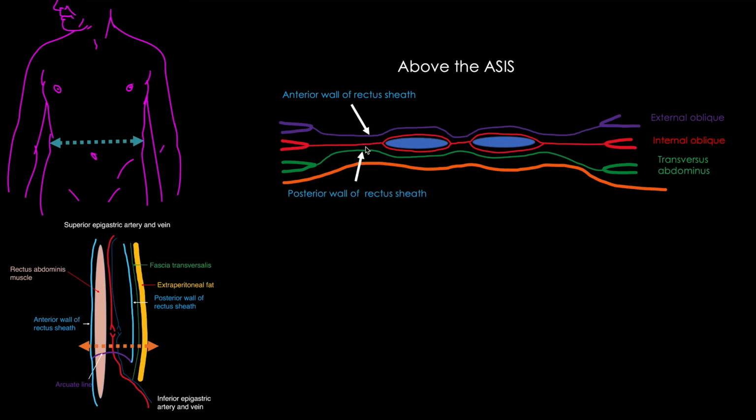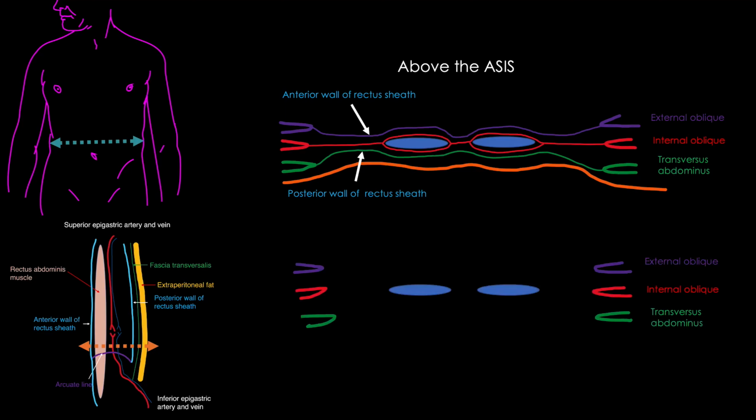You can see very clearly we have the posterior rectus sheath. So this organization is what we can find above this dotted line. And obviously where we can find those inferior epigastric vessels, because we saw that they are entering inside this rectus sheath, they will be located posterior to my rectus abdominis muscle on both sides.